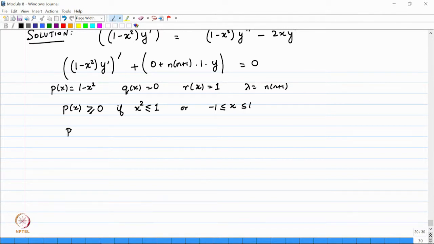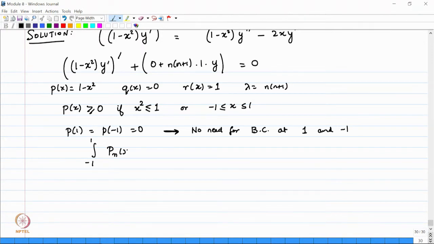And we also notice that p of 1 equals p of minus 1 equals 0. So there is no need for boundary conditions at 1 and minus 1, and I can write the orthogonality relation as the integral from minus 1 to 1 of P_n of x, P_m of x dx equal to 0 if n is not equal to m, where the solutions for a given value of n are denoted P_n of x.